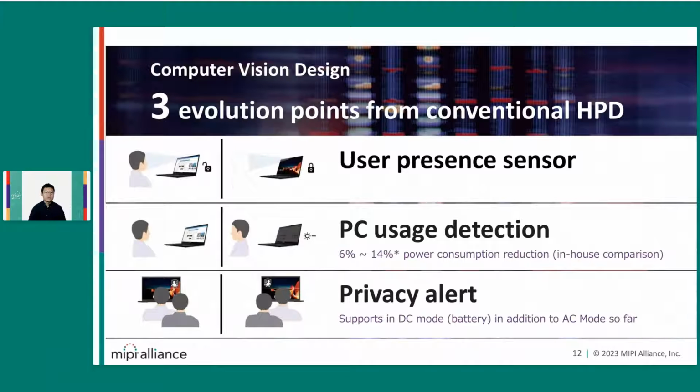And from the user's point of view, here are the three visual points beyond conventional HPD. We usually use a radar or ToF sensor to do this HPD, human presence detection. Here we can use the image sensor and this AI subsystem to do this and more. Definitely it works as a user presence sensor.